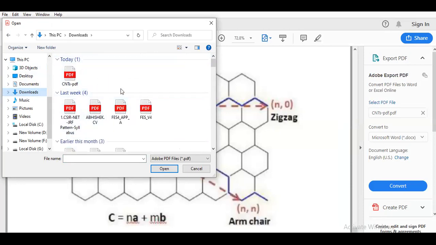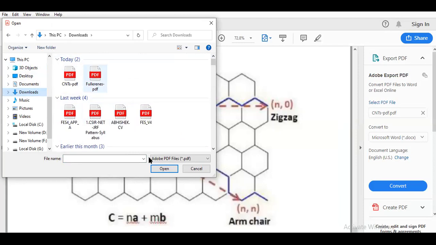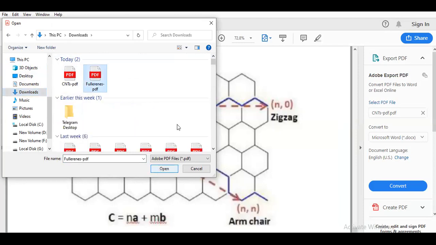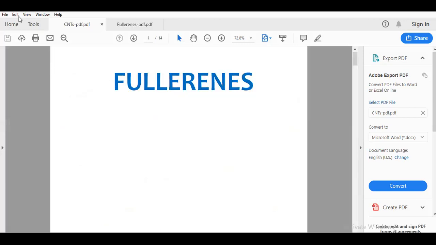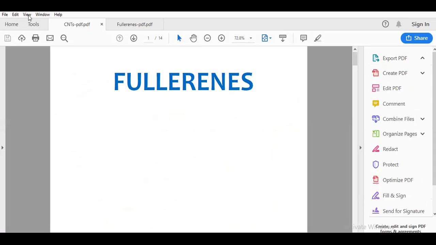This is Fullerene. Let's start. We already discussed this in the previous session, but the voice was not so clear.